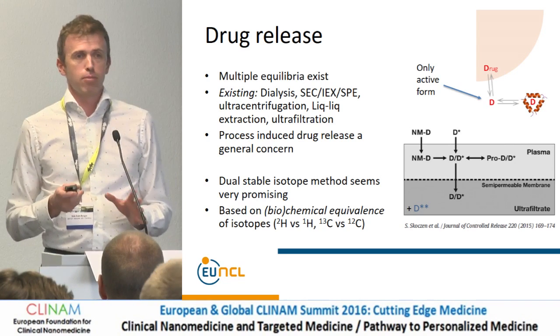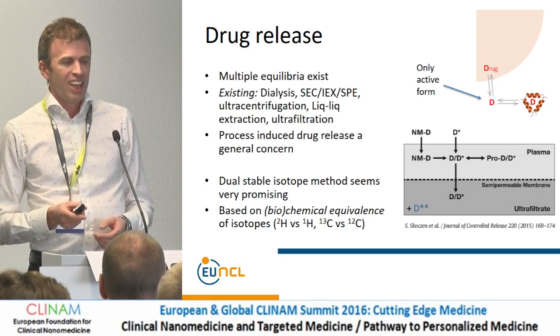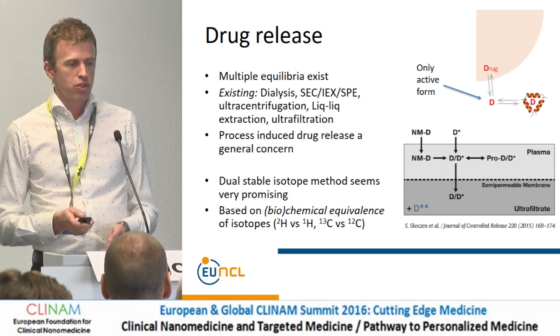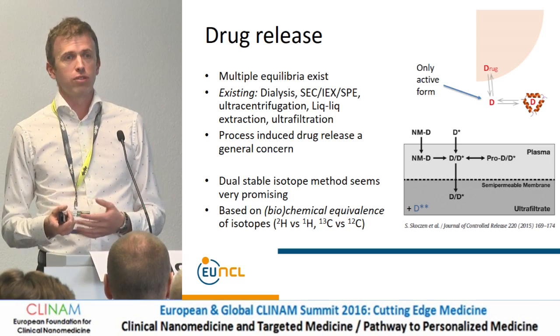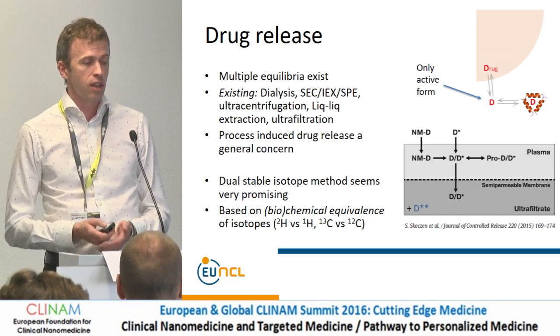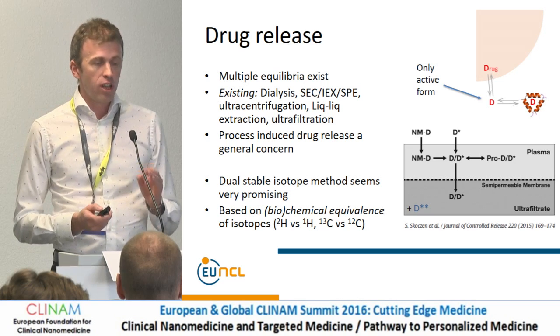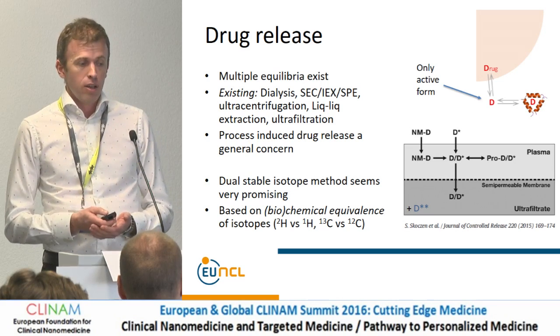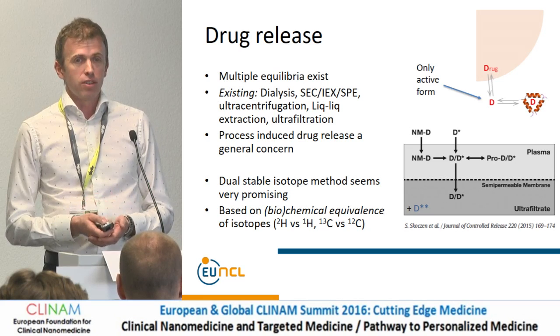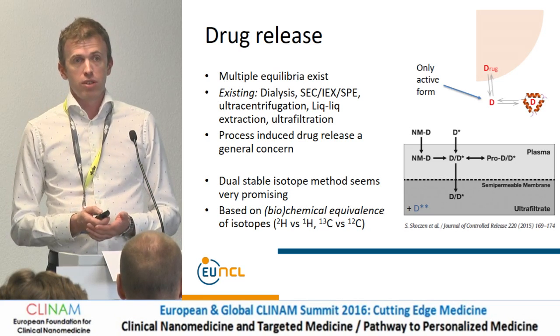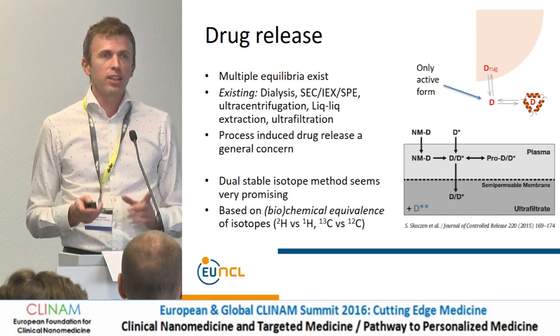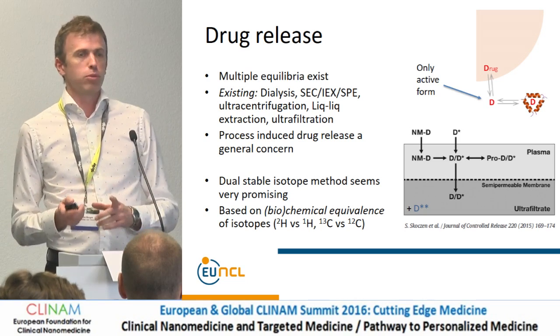There are some existing methods available to do this. They generally have some issues, especially in terms of process-induced drug release. And just last year, the NCL published a very promising method using stable isotopes that are chemically equivalent, but still possible to separate by mass spec.